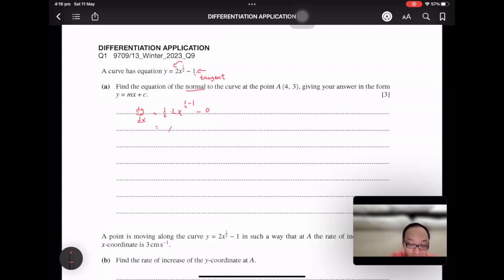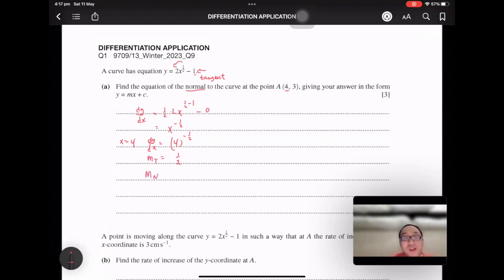So it equals x to the power of negative half. At x equals 4, the gradient of the tangent is 4 to the power of negative half, which equals 1/2. So this is the gradient of the tangent.